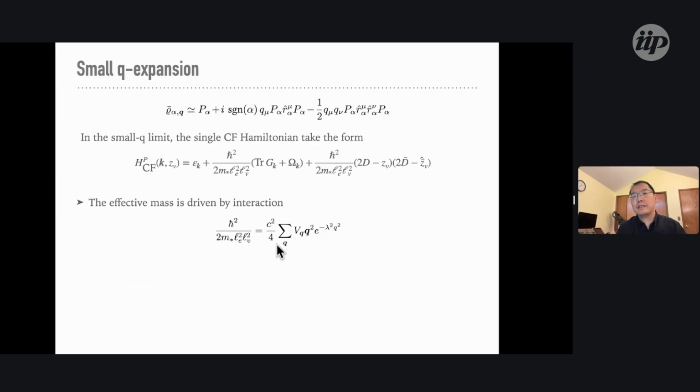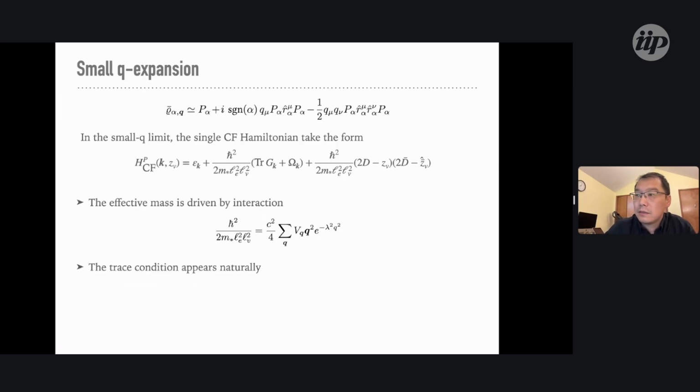Again, this is something that's kind of expected, right? In fact, I think one of the criticisms of the HLR theory is that, in the singular gauge transformation, the bare electron mass enters into the theory. But you can see that because we build our theory entirely from the lowest Landau level, there's no bare electron mass. The CF mass is entirely coming from interaction and given by this expression here.